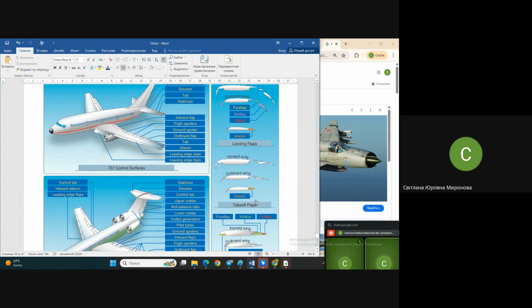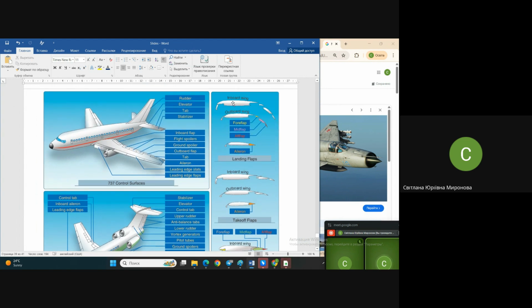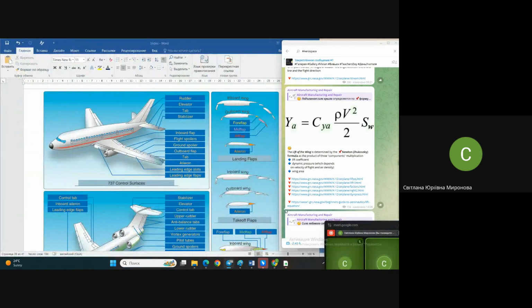Pay attention to the difference between the inboard and outboard wing flaps, where they show the fore flap, mid flap, aft flap, and so on. During takeoff you see the so-called slotted Fowler flap, which moves out of the wing and increases its area significantly, at least like 20%. It increases the area of the wing to increase what? I permanently torture you with this formula.